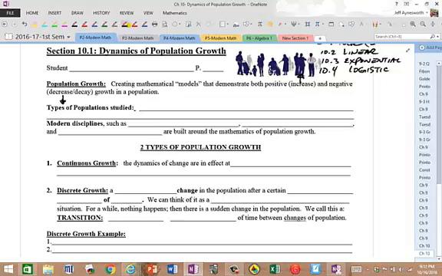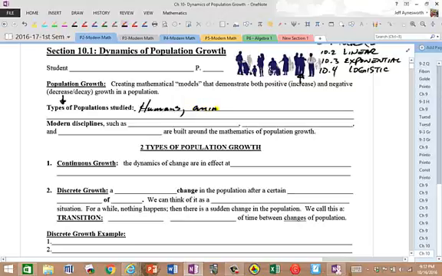The types of population studied, they vary big time, okay? We may be studying human population growth, humans. We could be studying animal species. We also could be talking about plants.